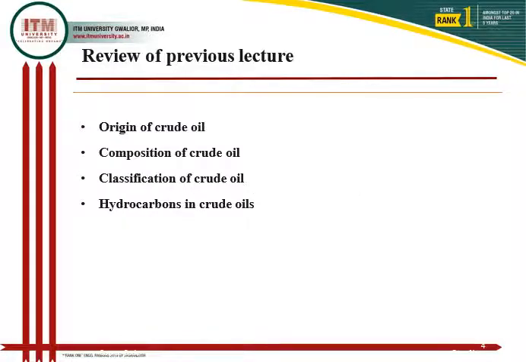We have discussed the following points in the previous lectures: the origin of the crude oil, the composition, the classification of the crude oils, and the hydrocarbons in the petroleum.